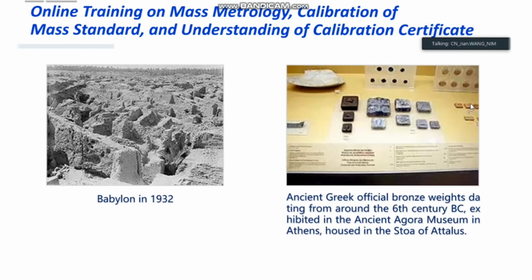Besides weights bearing the mark of the ruler to attest to their correctness, measures of length have also been formed. The standard measures were deposited in temples in the safekeeping of priests.